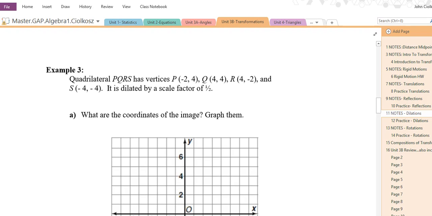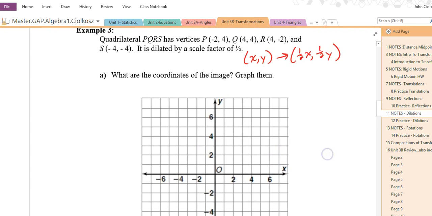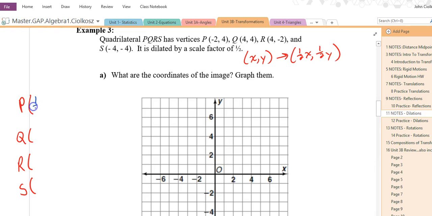Quadrilateral PQRS has those points dilated by a scale factor of 1/2. So our rule here is for every x comma y, we get 1/2 x comma 1/2 y. Alright, so let's do some work to the side here. So for each of these, we're going to multiply it by 1/2.